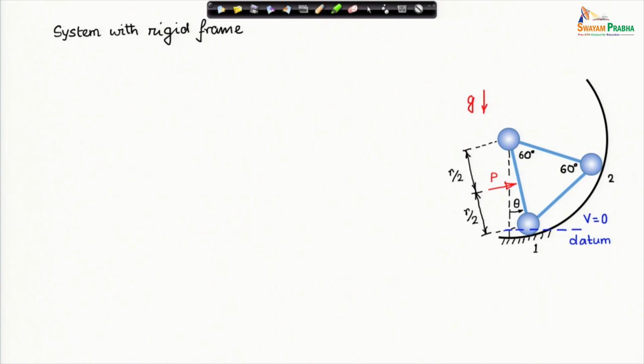This is a system with a rigid frame. We are going to use our work energy relation, and for that we need to fix a datum for the potential energy, because this whole system is in the vertical plane. Therefore, we have acceleration due to gravity acting vertically downwards and gravitational potential energy, and the datum I fix at this level as shown.